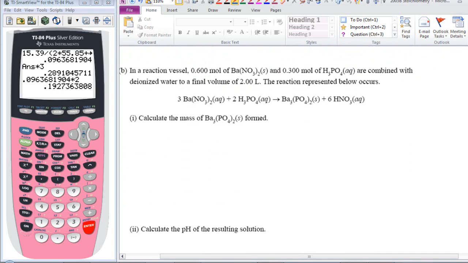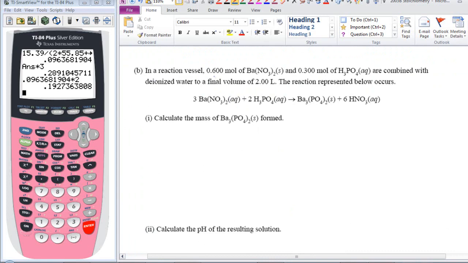Now, let's see what happens here. In a reaction vessel, 0.6 moles, how kind that they gave it to me in actual moles, not making me figure that out, and 0.3 moles of phosphoric acid are combined with deionized water in a final volume of, okay, there's the evil part, 2 liters. And the reaction represented below occurs, so they gave me that. I'm going to rewrite that because that's not enough room for me to work very well.